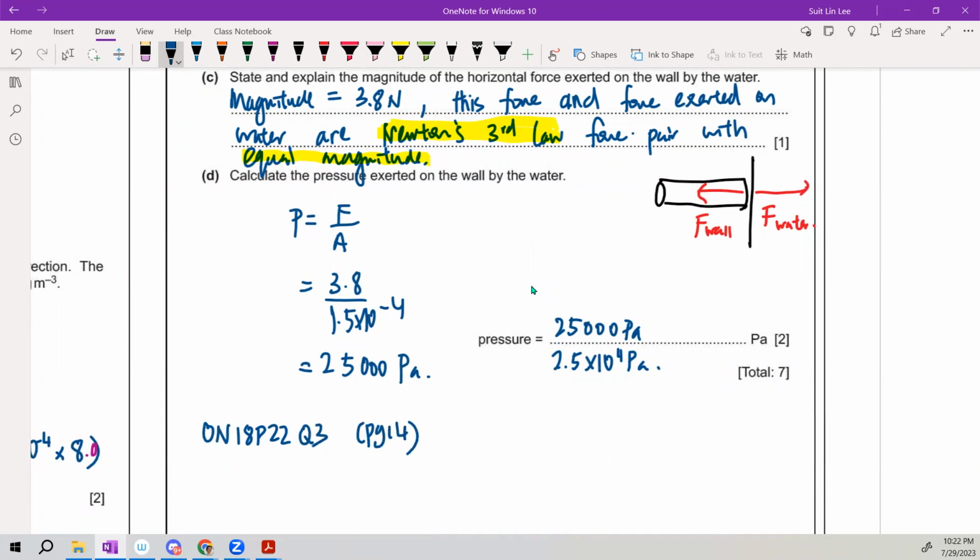Propulsion questions. 18P22, page 14. Especially this one. There's a little bit of a jump scare in this question. What can I say? They like to tell you to expect the unexpected.